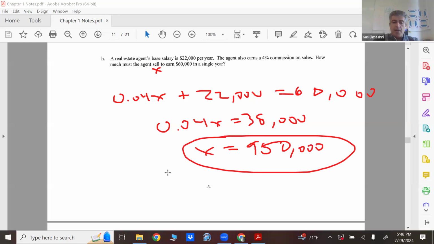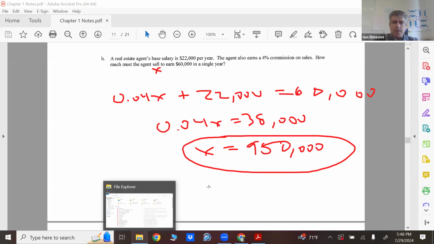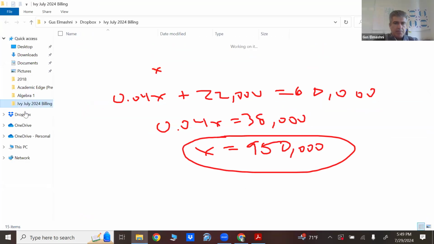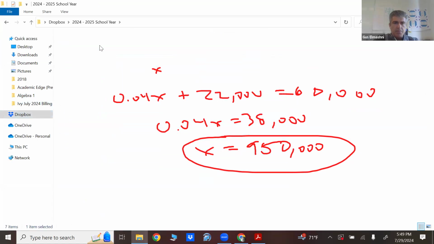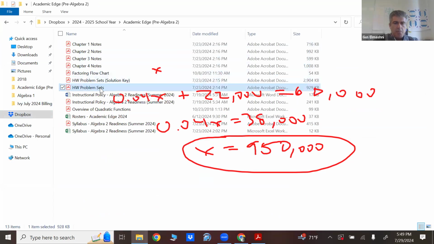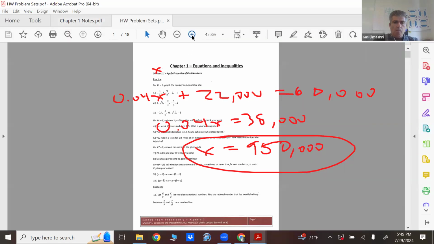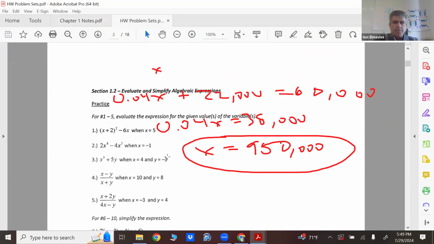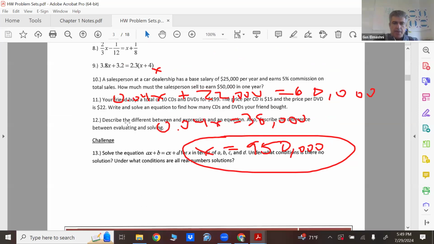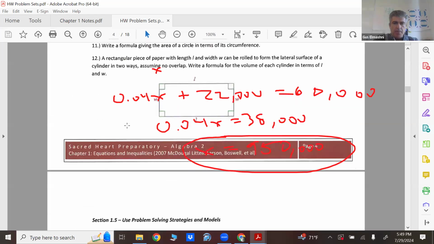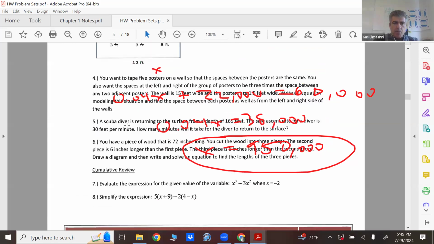We'll be talking about word problems in class next time. In fact, if I pull up the problem sets, some word problems we'll look at, not many, but there's definitely more in 1.4 and 1.5.